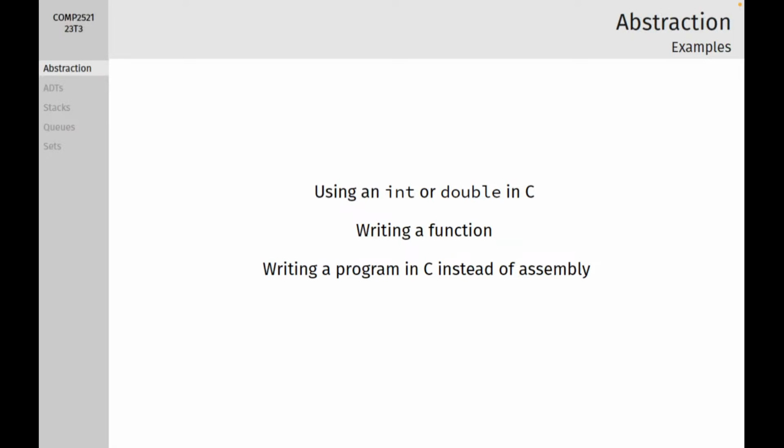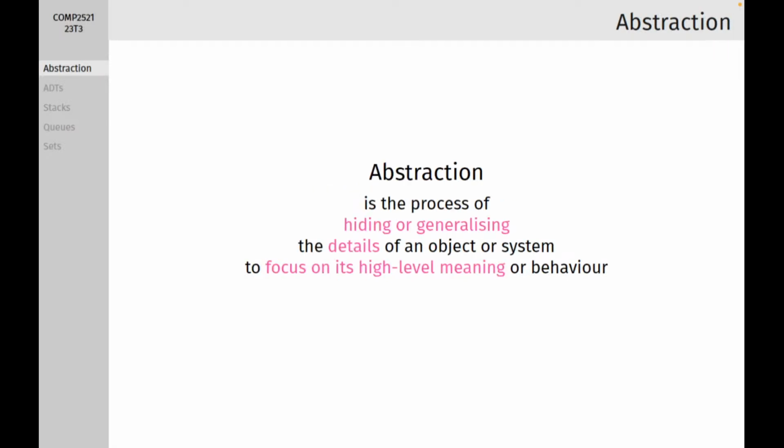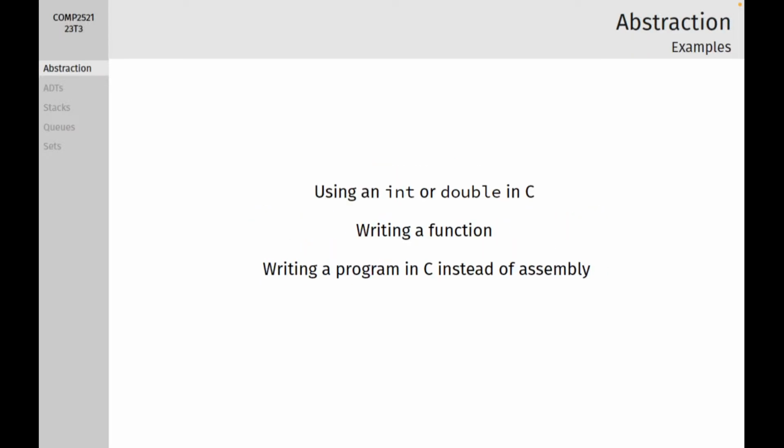Because we just use them to add together numbers, to subtract, to increment, and so on. So usually we don't rely on the fact that these ints and doubles are just series of bits and bytes, right? So we're sort of hiding the detail of what ints and doubles actually are, and we are focusing on their high-level meaning. So ints and doubles are numbers. Ints are whole numbers, doubles are real numbers.